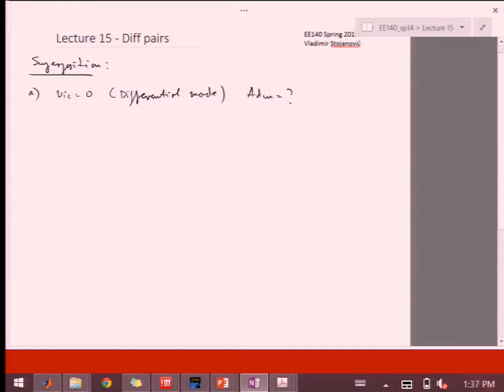Now in this case, if I simplify the schematic I've shown, what we have is VID over 2, GM VGS1, RD.